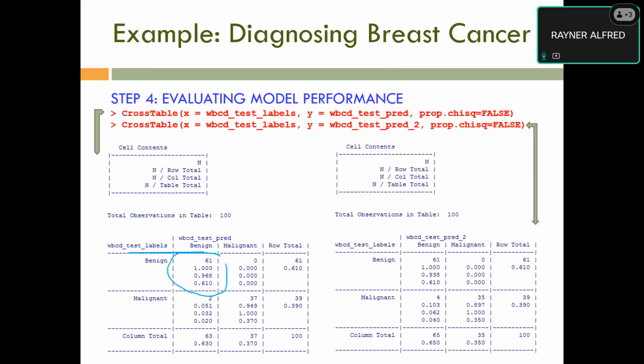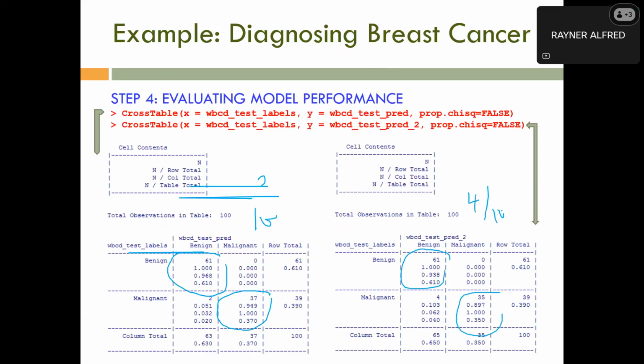So this is true positive, true negative. The error is 2 out of 100. Okay, for this one, the error is 4 out of 100. Okay, so we can say that k equal to 21 gives you better accuracy.